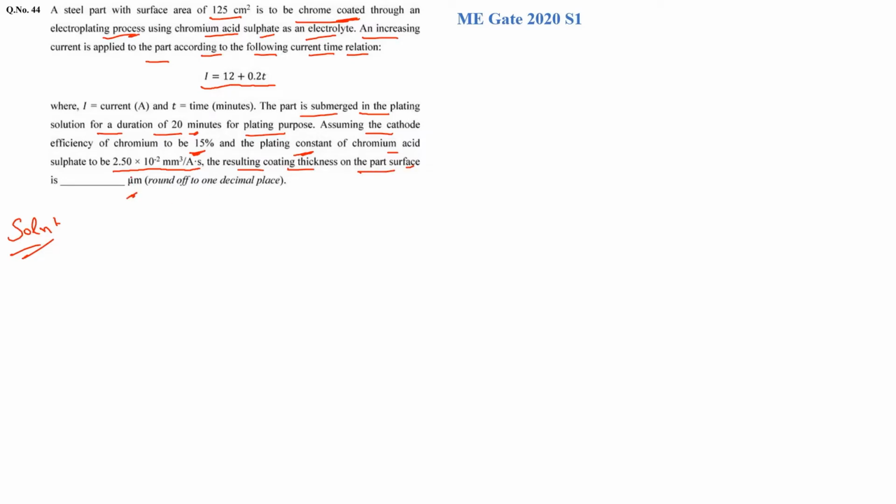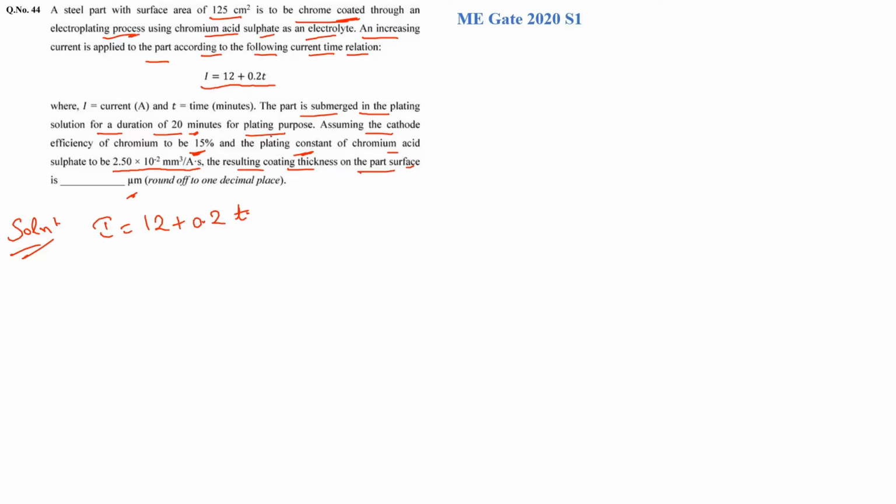So basically for this type of question, where the time relation has been given with respect to the current, let us first of all write it: 12 + 0.2 times t. And it says the part is submerged in the plating solution for a duration of 20 minutes.